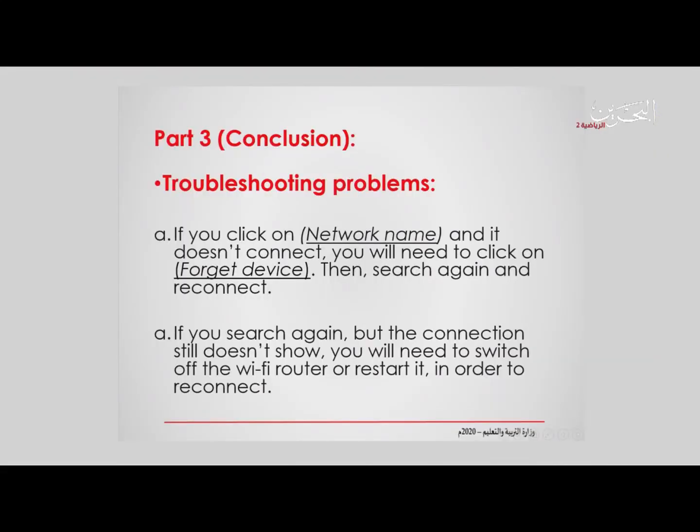For example, what are the problems that could come up when I connect a device to a Wi-Fi network? If you click on a network name, any network, and it doesn't connect, comma, here I have to give a solution. You will need to click on forget device, then search again and reconnect. This is one problem along with the solution.